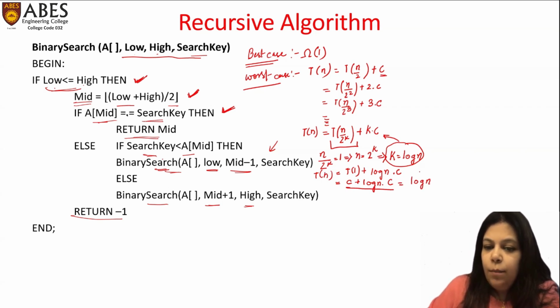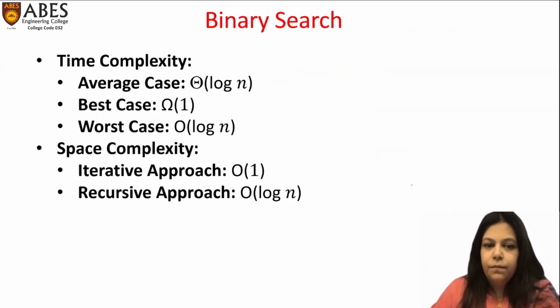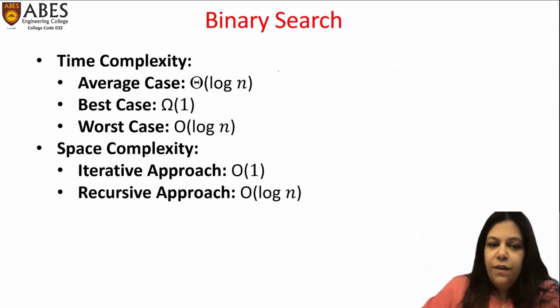So we can say that the complexity of the binary search algorithm is log of n. So the average case complexity can be represented with the theta notation, giving theta log of n. The best case complexity is omega 1. The worst case complexity is big O log n.